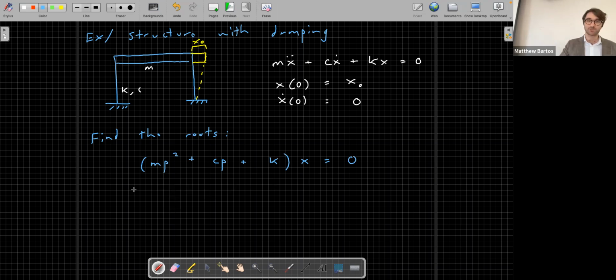And from the quadratic formula, our roots, we have two roots again, will be of the form negative c plus or minus square root of c squared minus 4mk all over 2m.